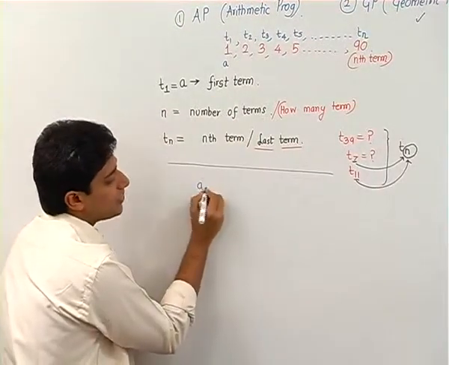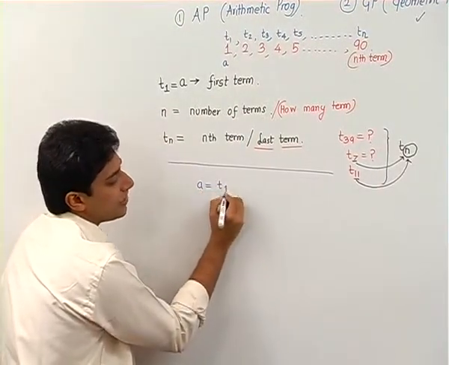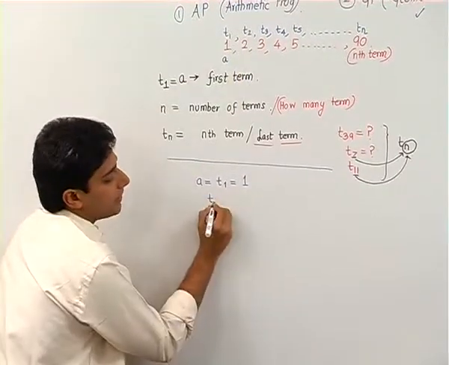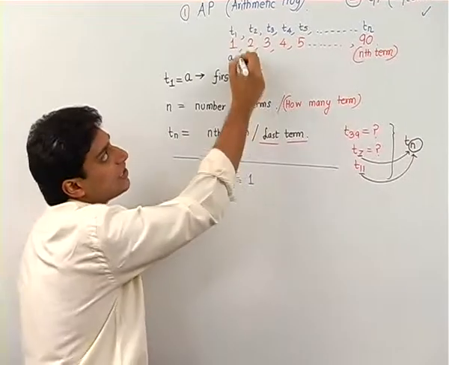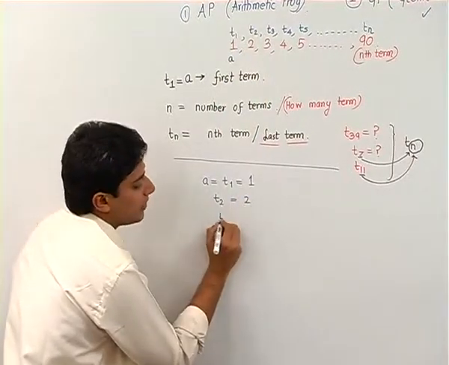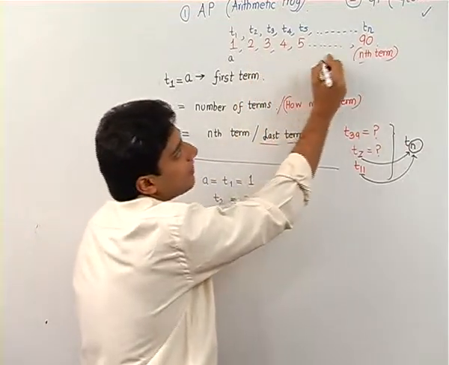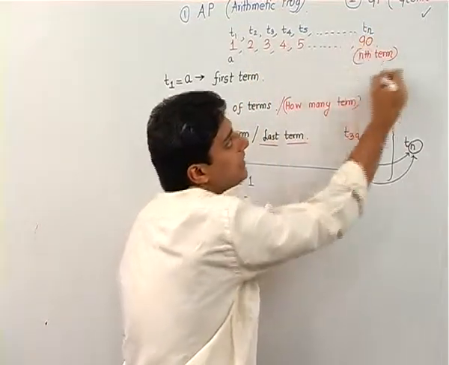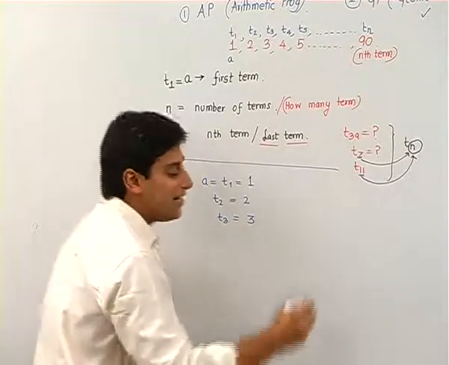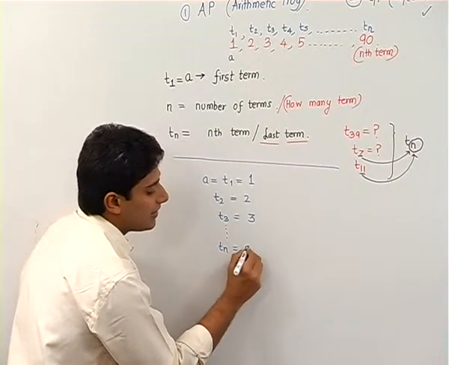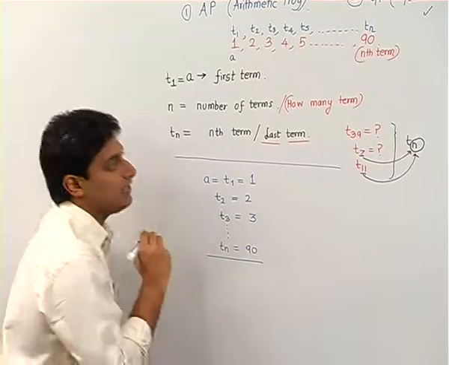First is a, which is the first term, which is T1, and it is equal to 1. T2, which is the second term, what is T2? 2. T3 is equal to 3. I continue like this. What will be my Tn? My Tn will be 90 in the above example. So my Tn is going to be 90.